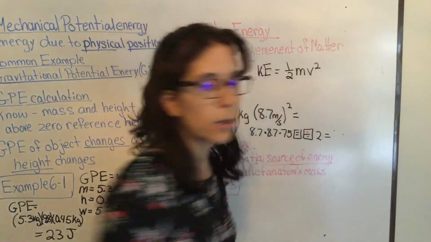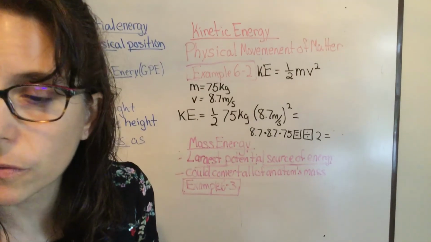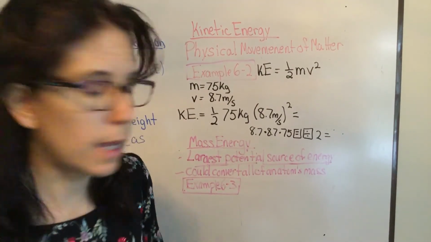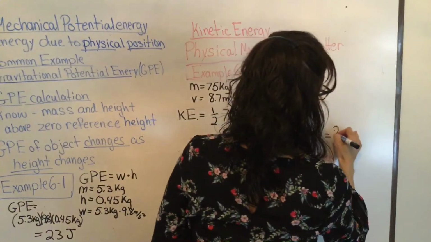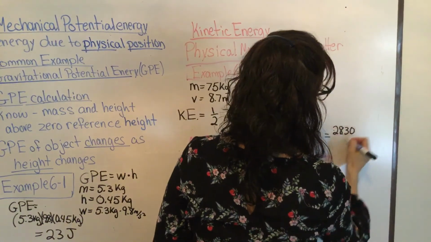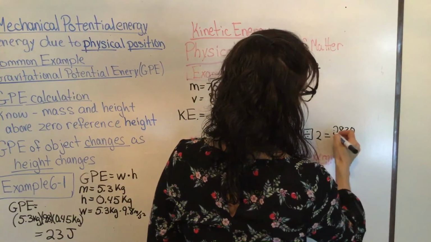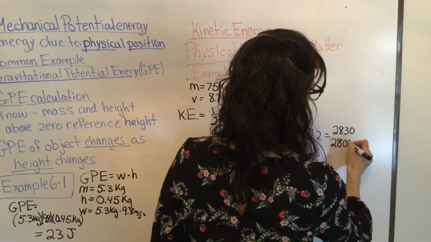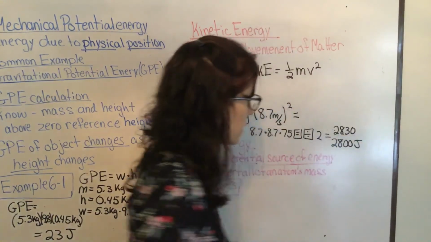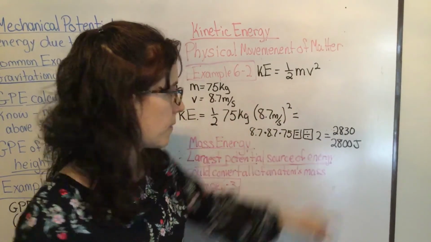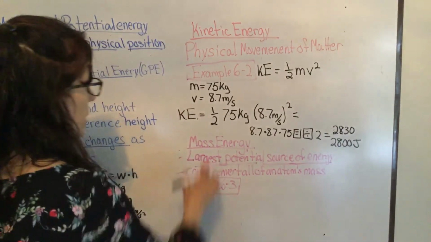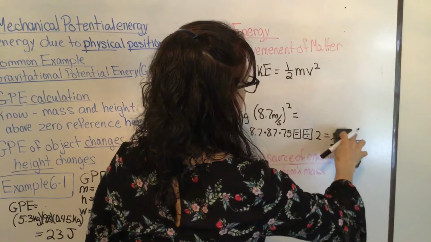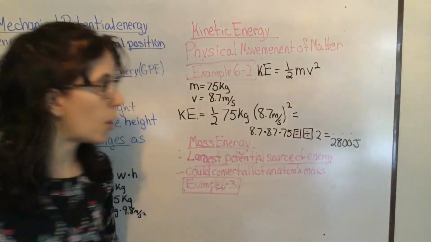So I'm going to take that 3 and just exchange it for a 0, and I'm going to have 2,800 joules. Again, I only want 2 significant digits in my answer because there's only 2 digits in my measurements. All right, and my units are joules.